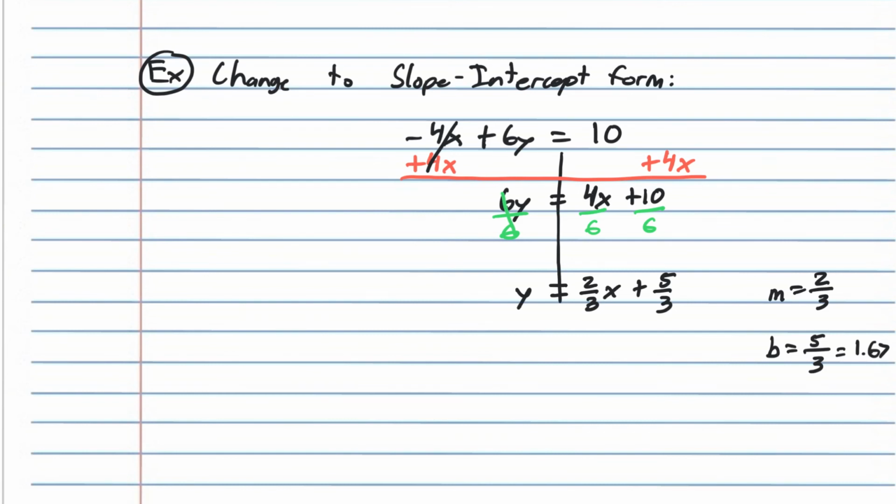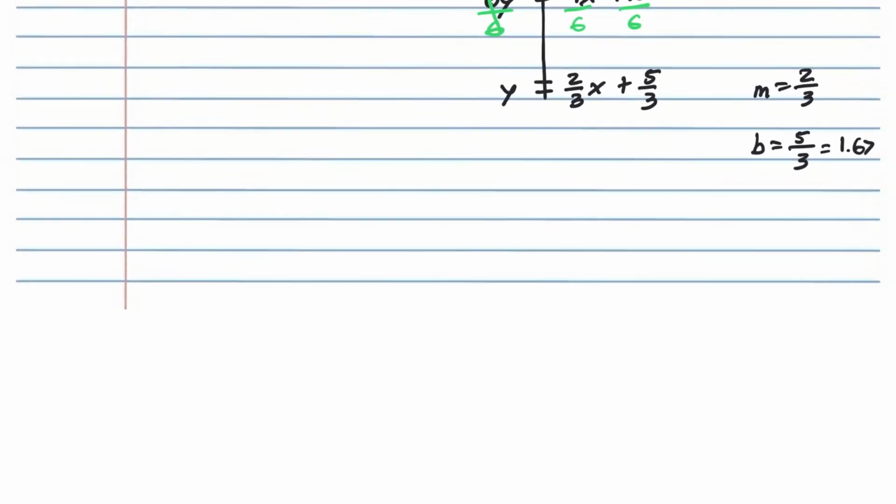All right, so hopefully this isn't too bad. Hopefully it's just the next step in what we've been doing. I want you to try one last one completely on your own. Same thing, I want you to change it to slope-intercept form. Okay, so change to slope-intercept.